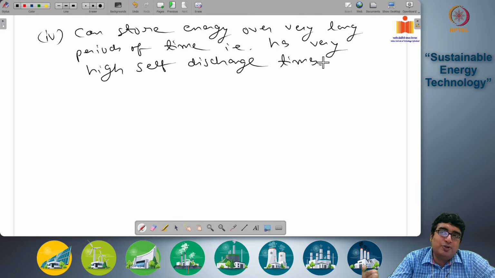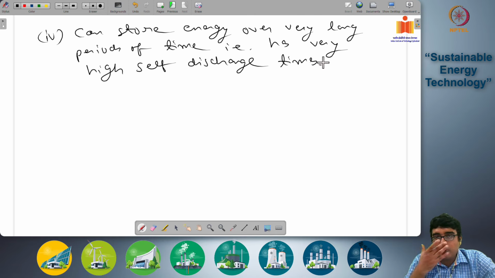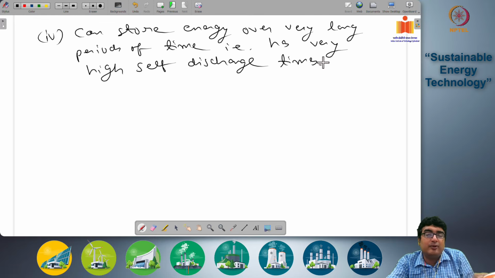Because once water is stored, and especially if your reservoir is reasonably covered up, there is very little water loss due to things like evaporation, etc. Okay, so you can store energy in a high altitude reservoir or lake for periods of multiple years. So it has a very large self-discharge time. You can store energy indefinitely without reducing the amount of energy that is being stored, and hence it is extremely good for long, large capacity storage systems.